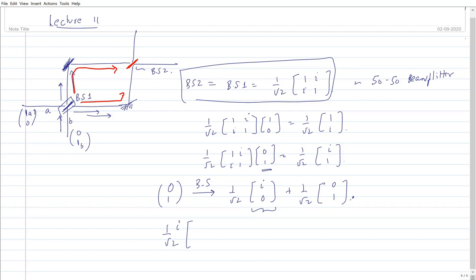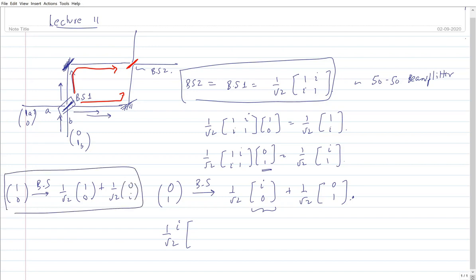Again, I'll apply the beam splitter on this state. So essentially 1 0, after the action of the beam splitter, goes to this guy.